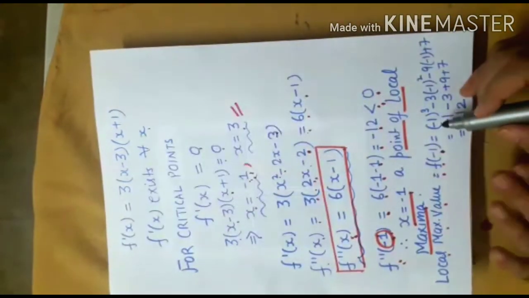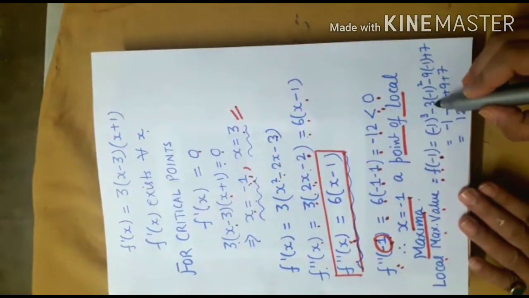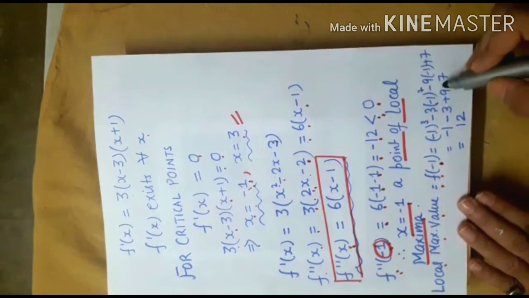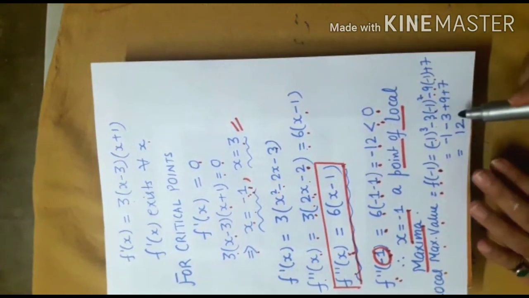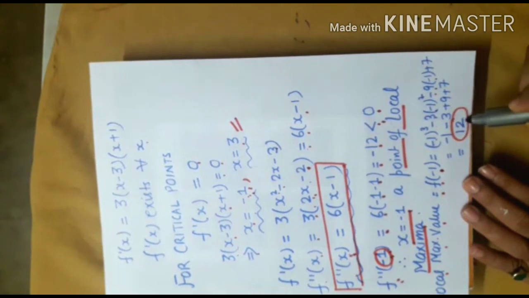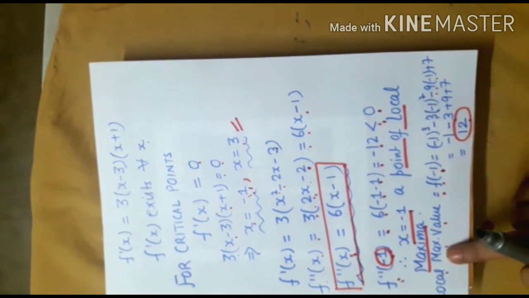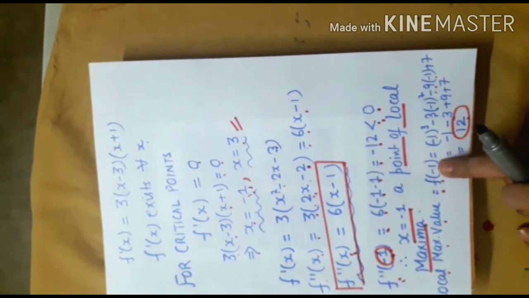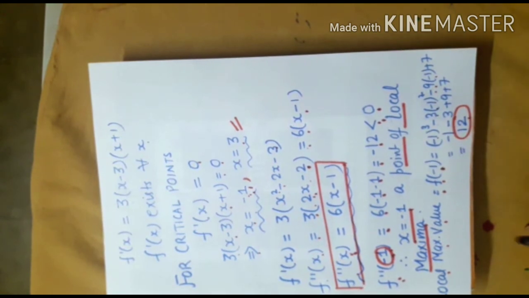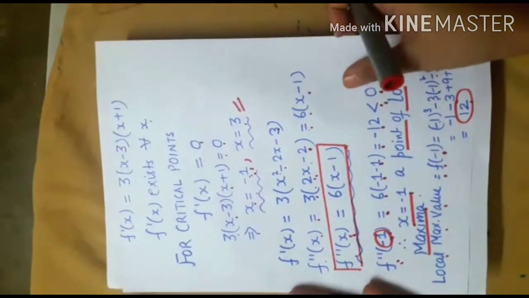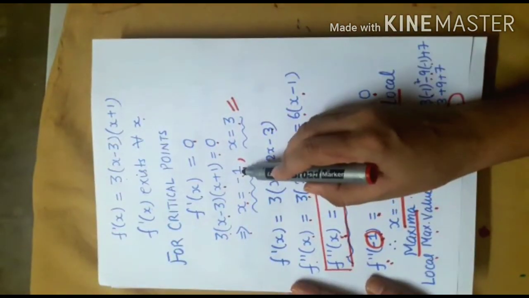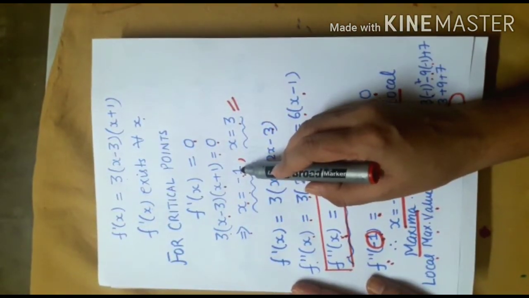So I'll get cube of minus 1 minus 3 into (minus 1) squared minus 9 into (minus 1) plus 7. On simplification, I'll get 12. So the local maximum value at minus 1 is 12. So x equal to minus 1 is the point of local maxima.